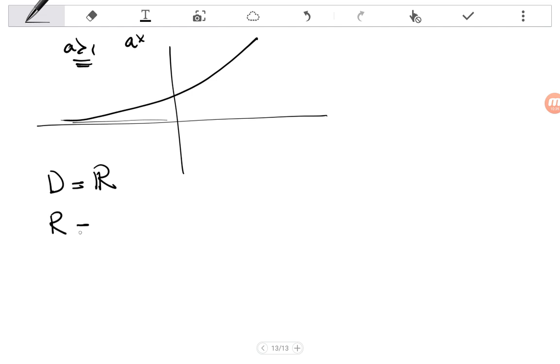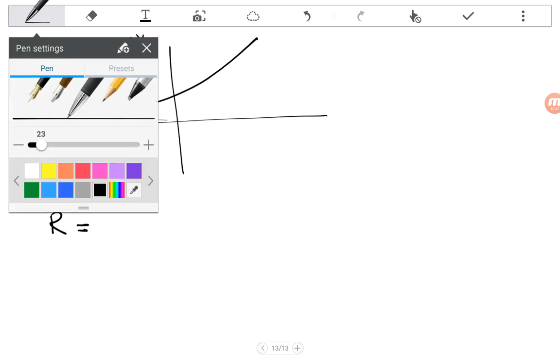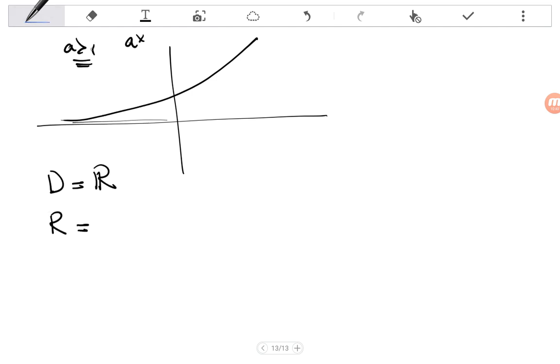What about the range? The output of the exponential. As you can see on the curve, what are the values of the y-axis? They are just the positive values only, and as you can see here, we have an asymptote on the x-axis. What is meant by an asymptote? It is a straight line which the curve approaches, but it never touches it.